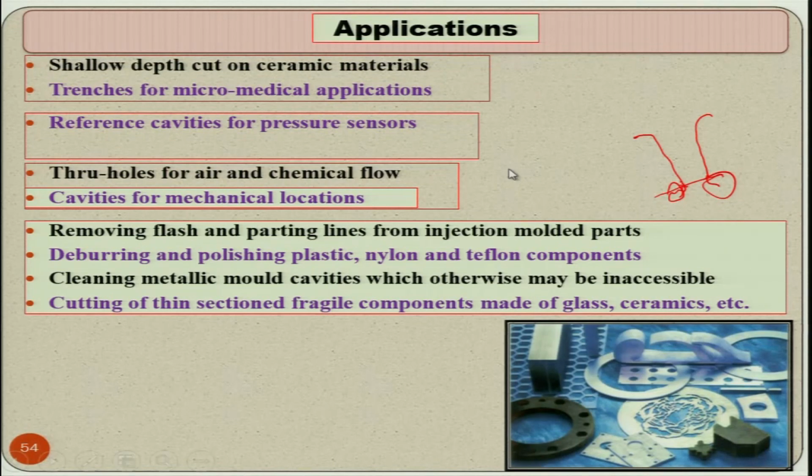So, this particular process, abrasive jet micromachining, has been used to remove these burrs from the drilled hole parts or other parts, and this does not make much difference whether it is a metal or non-metal, just like deburring and polishing. Polishing also can be done with this particular process.